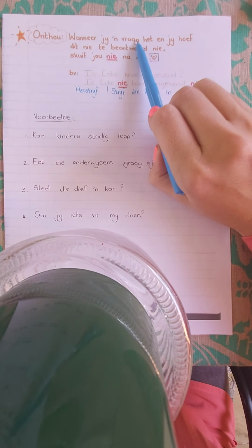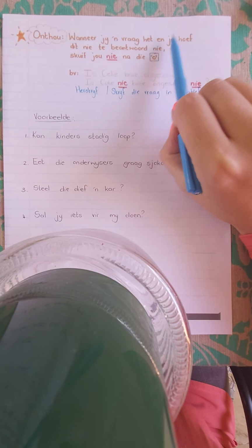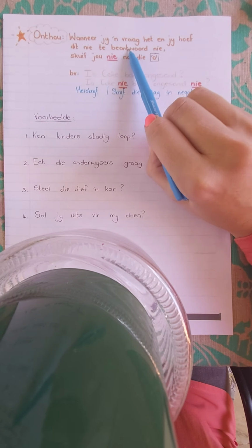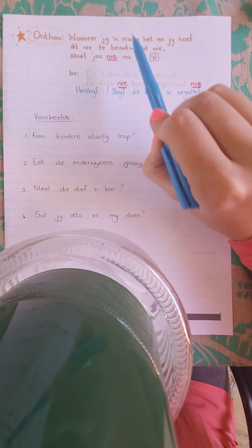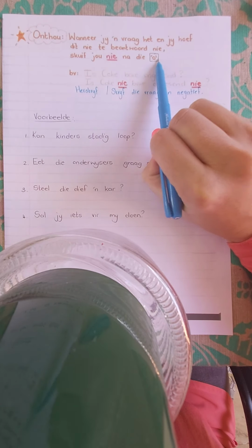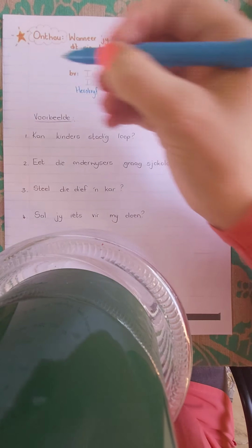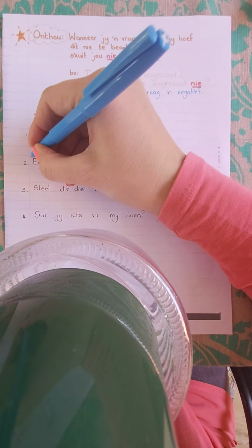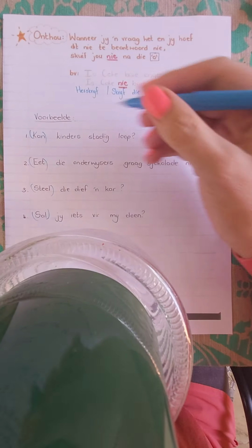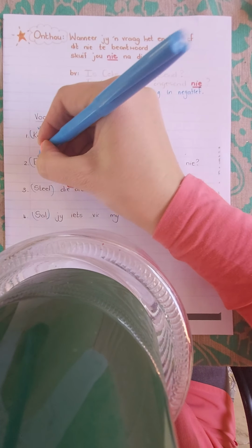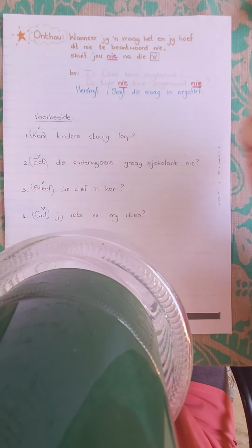So when you have a question and you don't have to answer it, then the nie moves to after the object. So remember, each one of my questions will start with a verb. So these are givens. We know that my questions and demands always start with verbs.